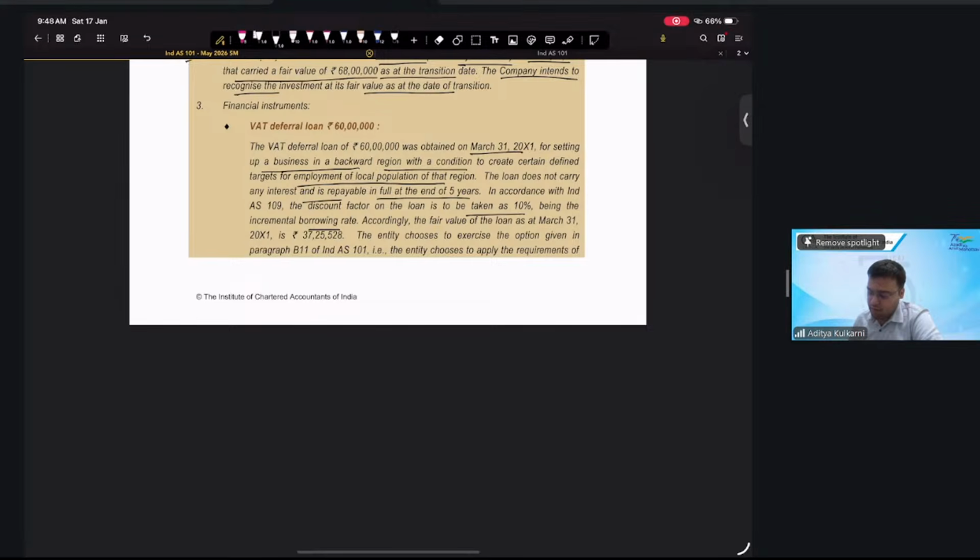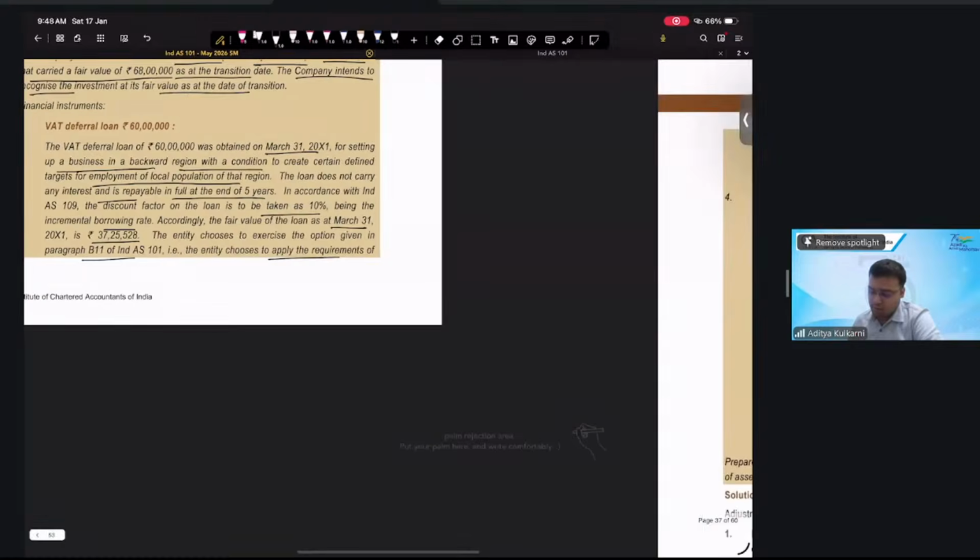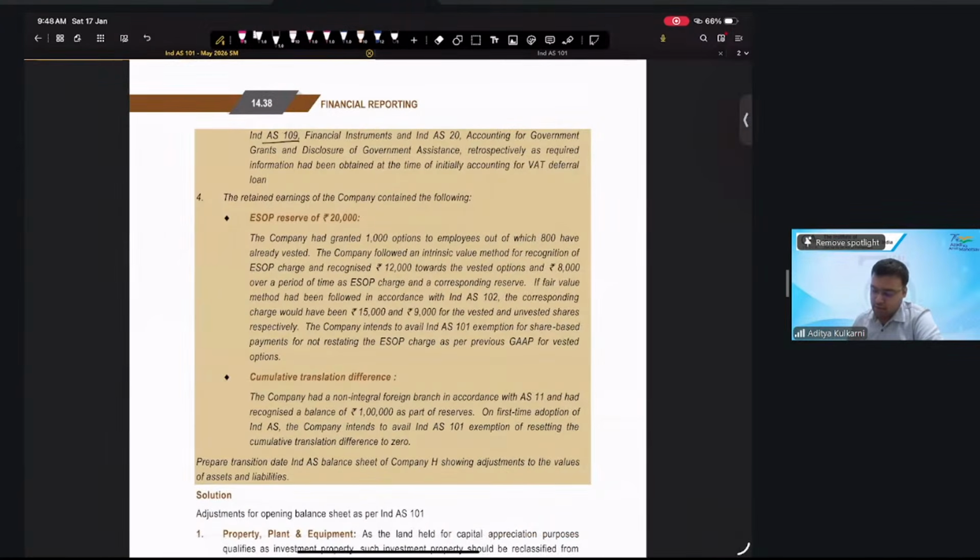The fair value of the loan as at March 31 is 37,25,528. Entity chooses the option given in para B11 of Ind AS 101, that is, chooses to apply requirements of Ind AS 109 and Ind AS 20 retrospectively, as information has been obtained at the time of initially accounting for the VAT deferral loan.